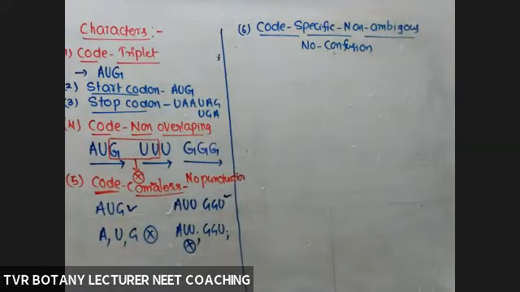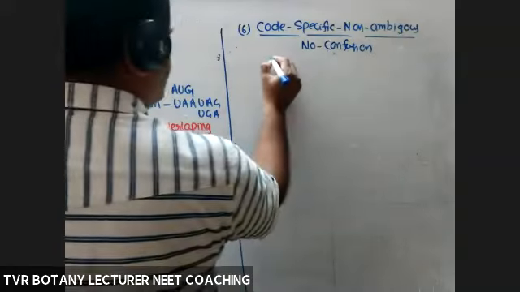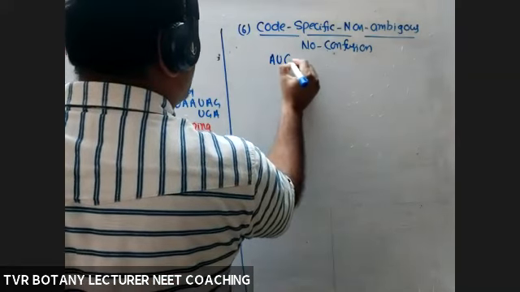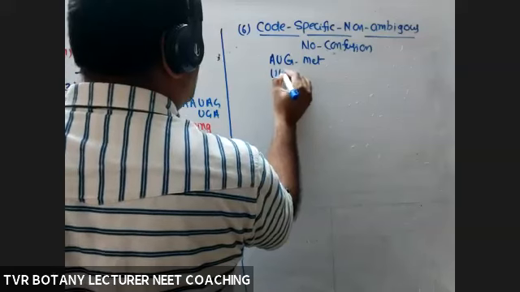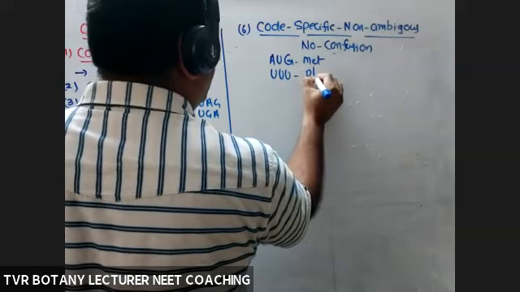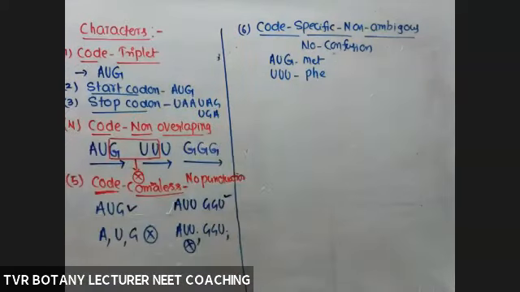Ambiguous means confusion. Non-ambiguous, no confusion. Reason specific. For example, AUG codes for methionine. UUU codes for phenylalanine. So sixth character indicates a specificity of a codon.